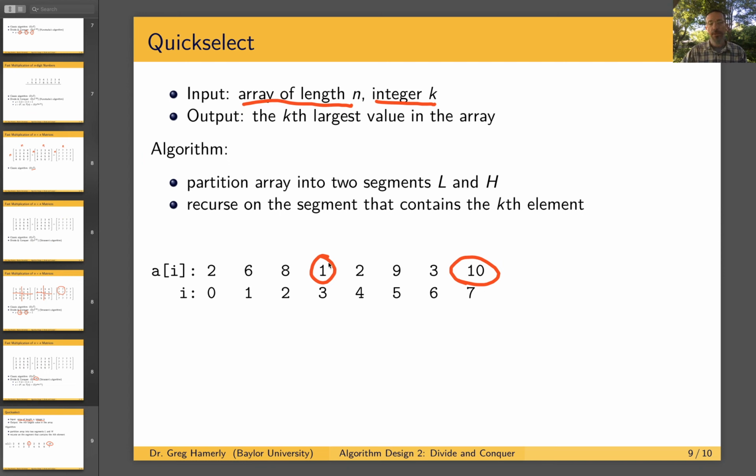The kth ordered value. So the least item in here is 1. The greatest item is 10. That's k equals 1, right? And that's k equals 8. Well, you might ask yourself, how quickly could we answer this question?